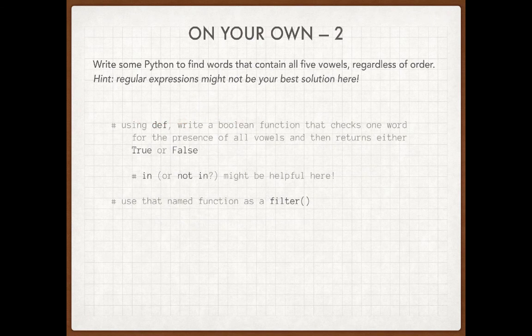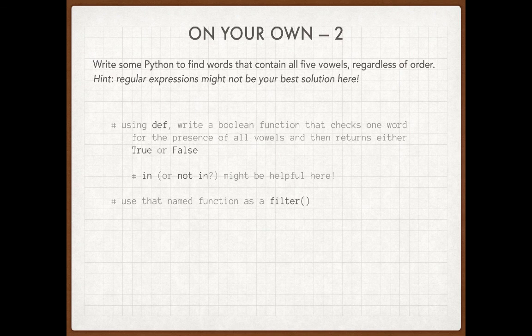Here's a second one that you can do. Now, the reason that I mentioned this one is because regular expressions may not be your best solution here, but it is a question that would logically occur after we've done an exercise like we have, which is to find words that do contain all 5 vowels, but in which those vowels can occur in any order.